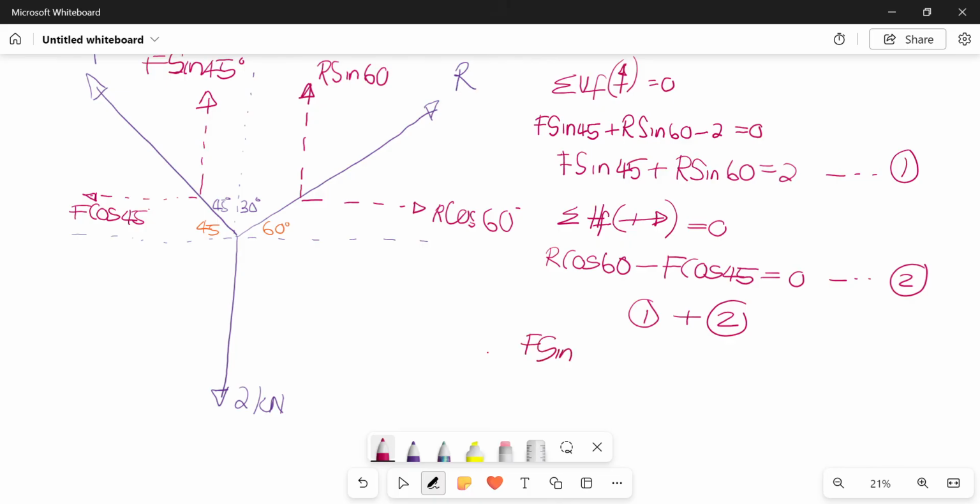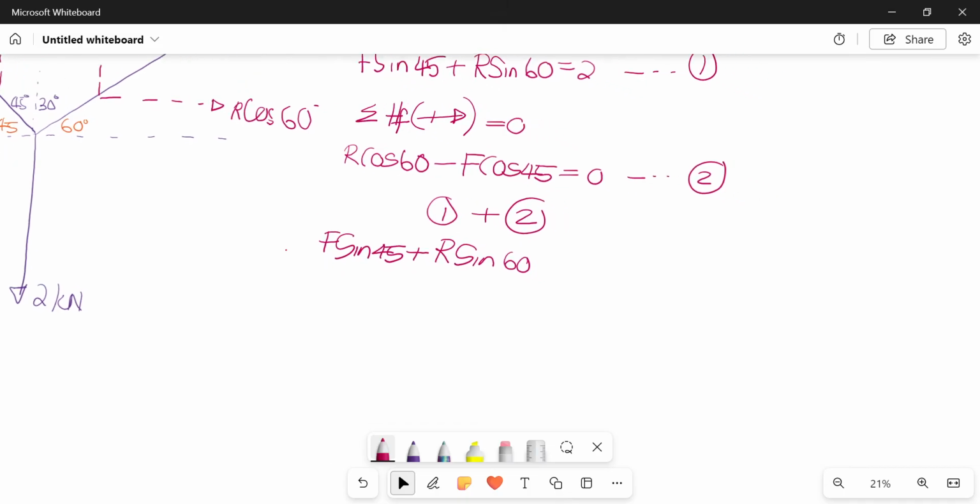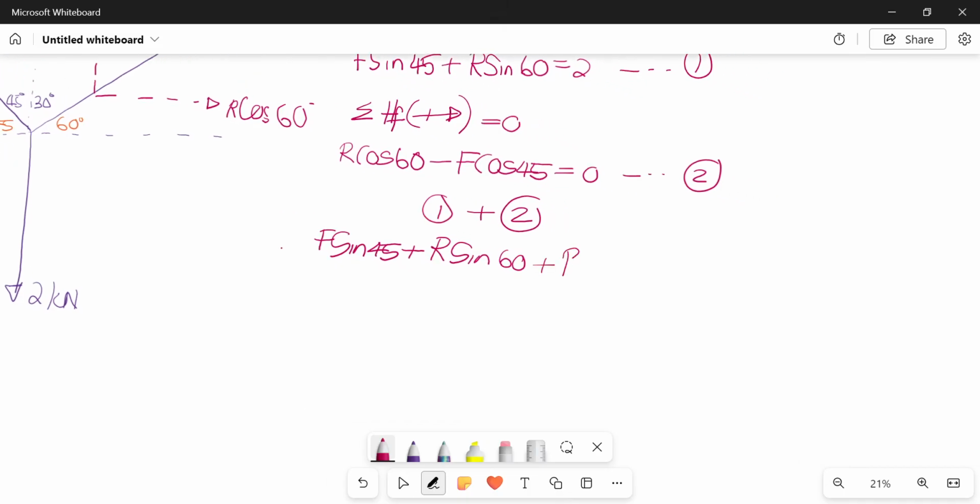So F sine 45 plus R sine 60 plus R cos 60 minus F cos of 45 is equal to 2. Then from that point you can simplify it as far as you possibly can.